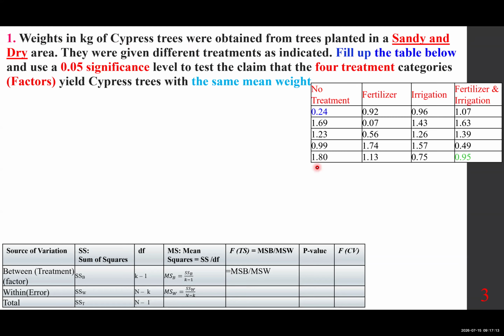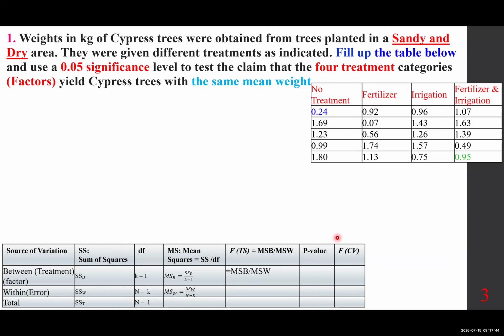So we have no treatments, we have fertilizers, we have irrigation, we have both fertilizers and irrigation. Fill up the table below and use the 0.05 significance level to test the claim that the 4 treatments, categories or factors yield cypress trees with the same mean weight. So again, notice instead of 2, we have more. That's the concept.